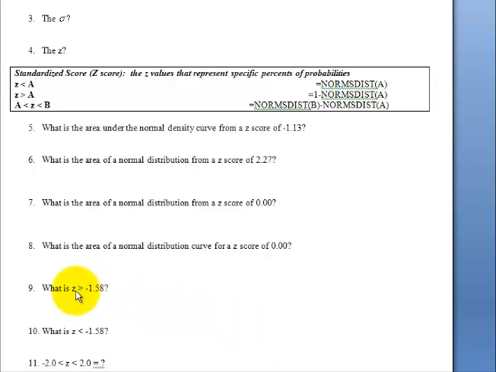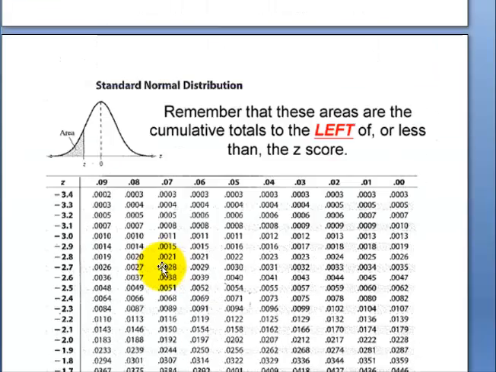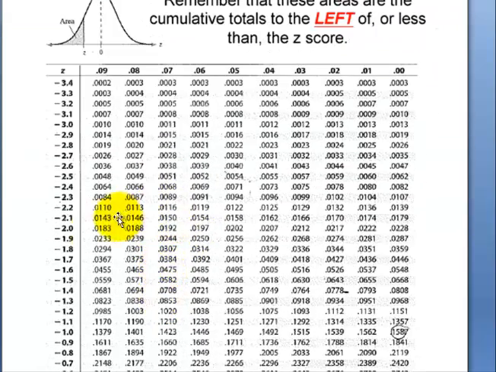All right, as an added bonus, I'm going to show you how to do a greater than problem, okay? Greater thans are a little bit different than the less than problems. So we're looking for the area underneath the curve generated by a z-score of greater than negative 1.58. So how to do the greater than, you have to pull up your z-score. You have to find negative 1.58.